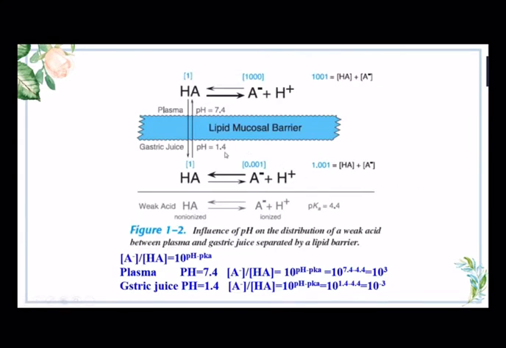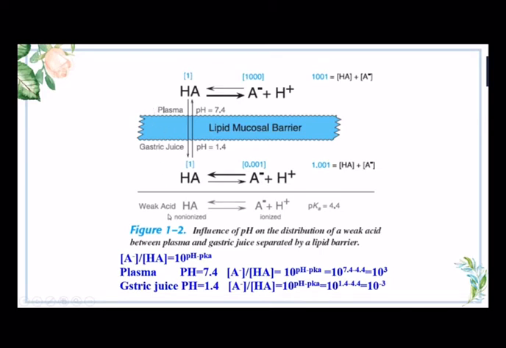To get this graph, it shows the influence of pH on the distribution of a weak acid between plasma and gastric juice separated by a lipid barrier. Here is the lipid barrier. This side is gastric juice and this side is plasma.